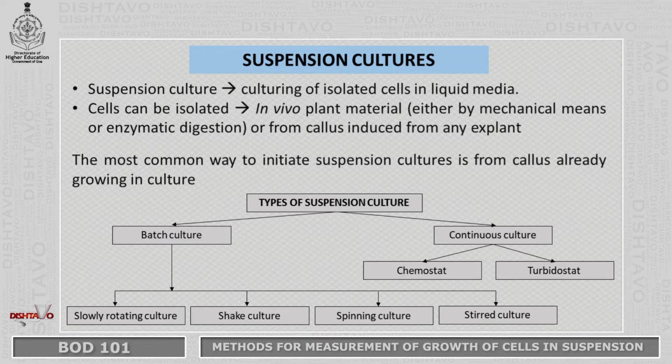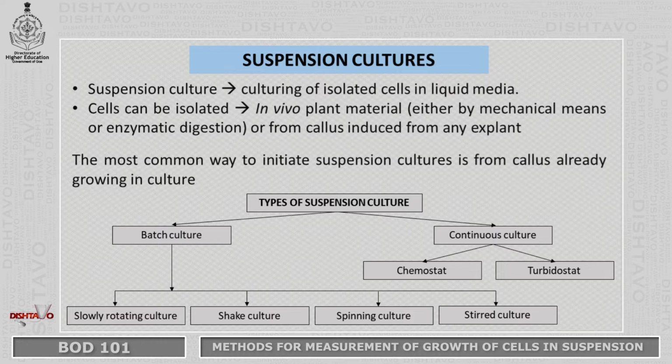A batch culture is a closed system where the suspension culture is formed in a fixed amount of nutrients, while a continuous system is an open system where there is continuous supply of nutrient medium.